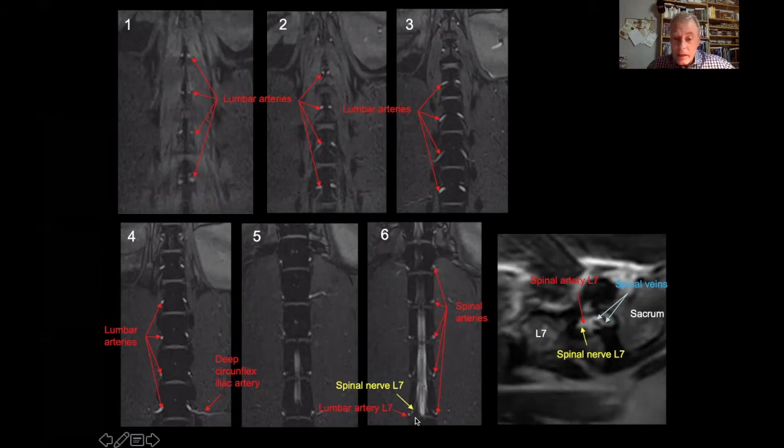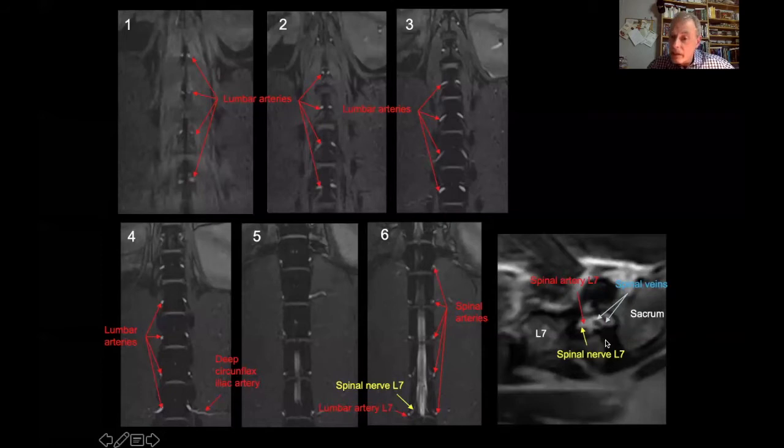However, we can see the lumbar artery here, and this is what I want to point out: when these lumbar arteries detach the spinal arteries, these spinal arteries are very close to the spinal nerves. You see this dot here is the spinal artery that is beginning to detach from the lumbar artery and is running very close to the spinal nerve.